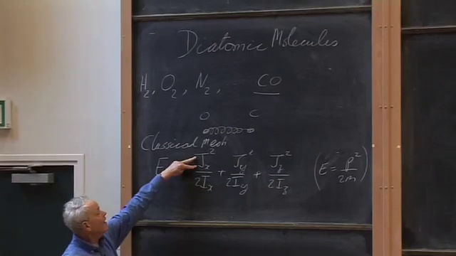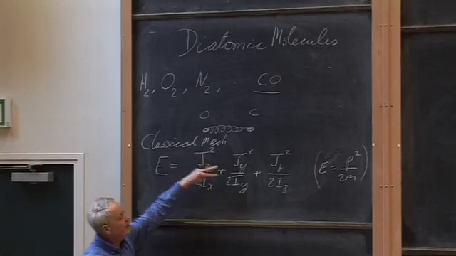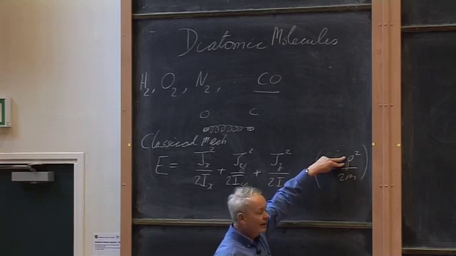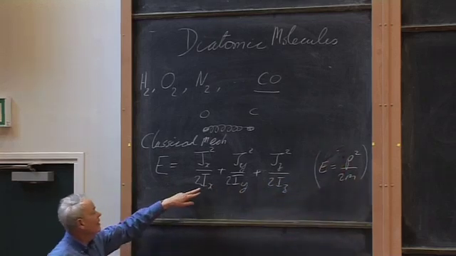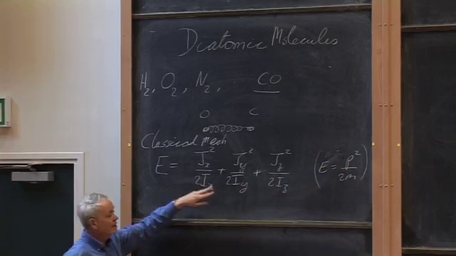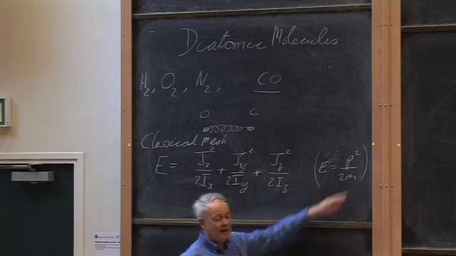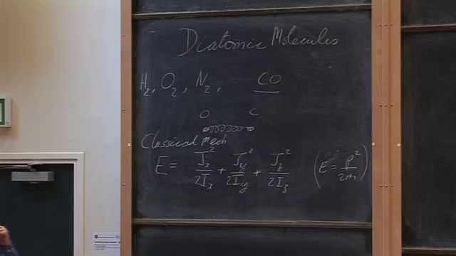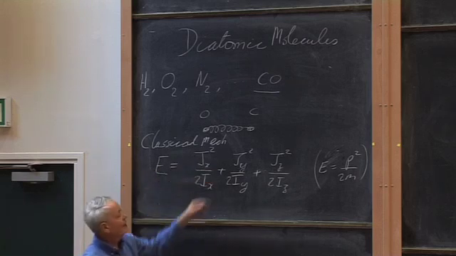So we have the x component of angular momentum here instead of the x component of linear momentum, divided by the moment of inertia around the x-axis instead of divided by mass. So this is the classical expression for the energy of a thing like this.